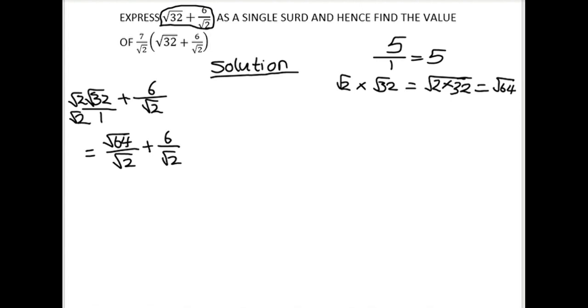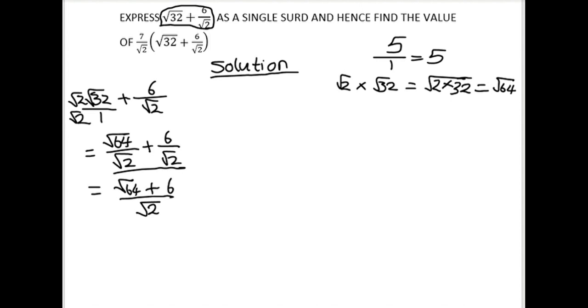Okay, since the denominators here are the same, I'll just bring them as 1. So this will be equal to root 64 plus 6, all over root 2.